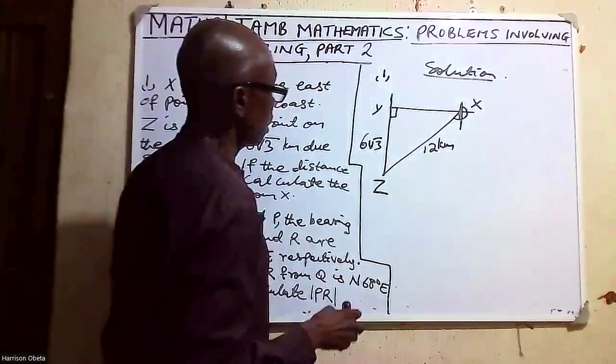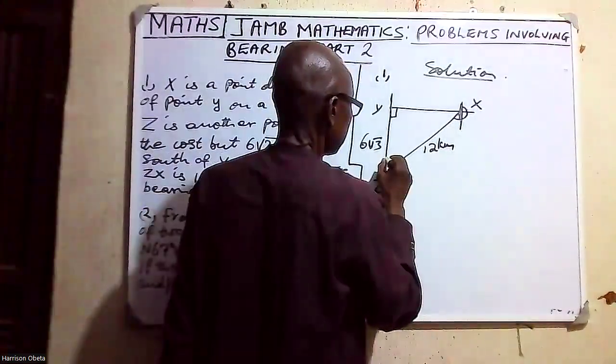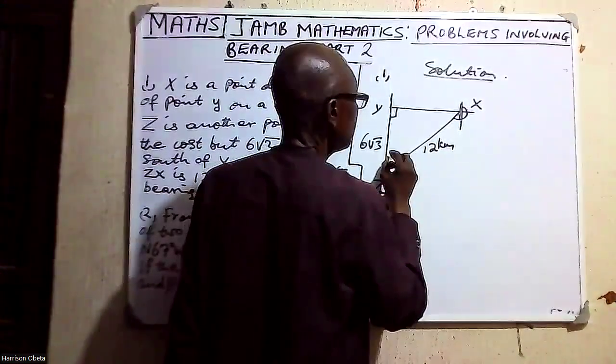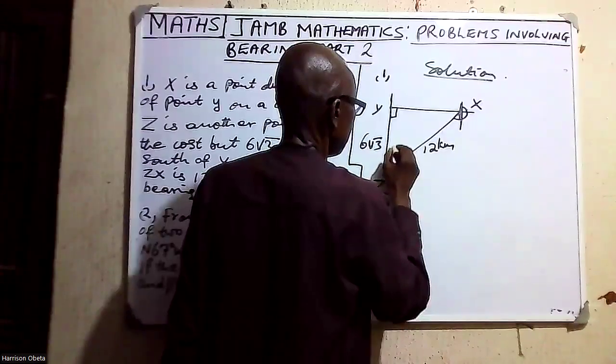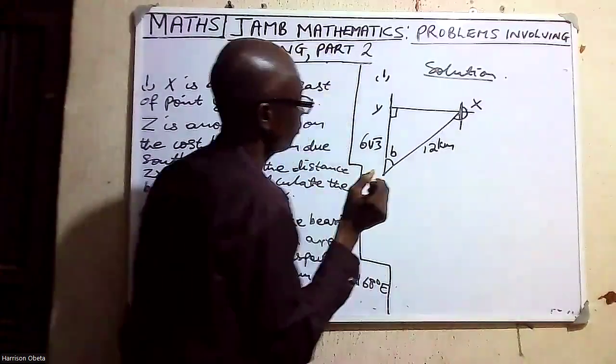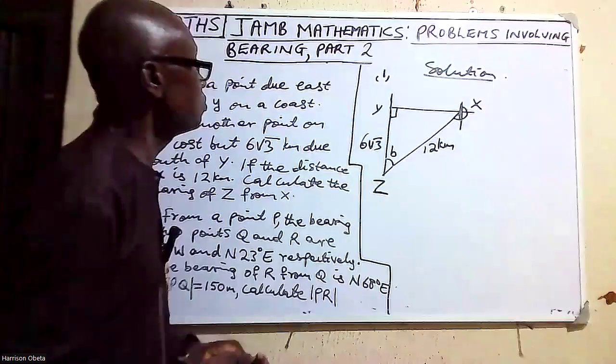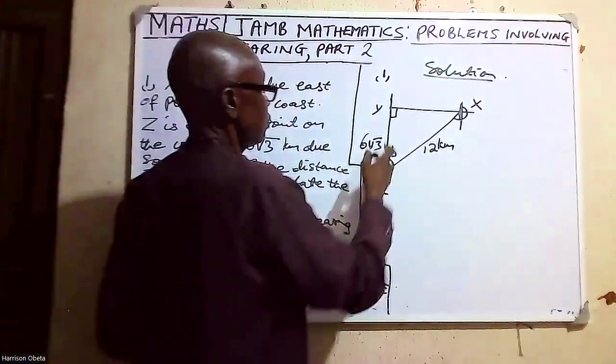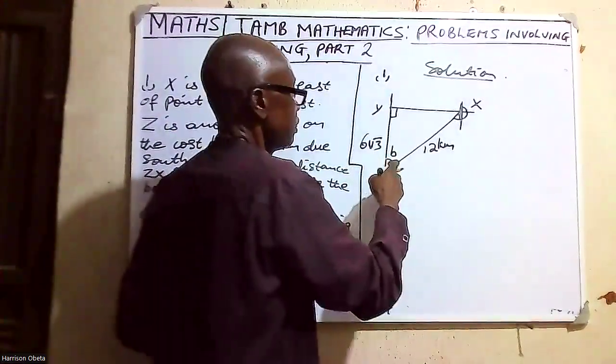So let's consider this angle to be B, and then for us to find angle B, this is adjacent to it.